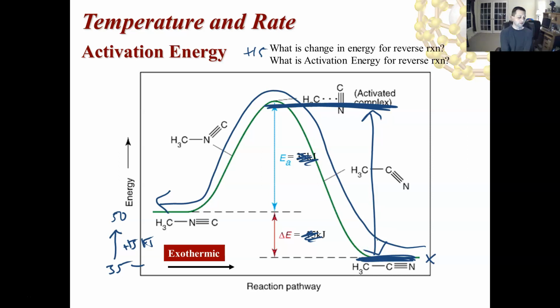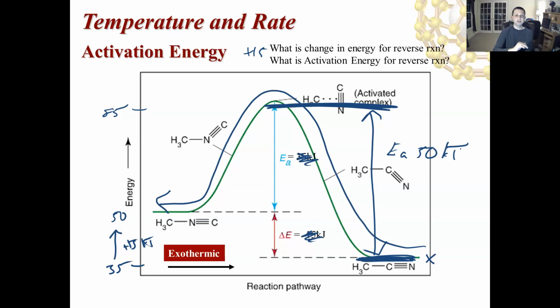This was 85, so we started at 35 and went up to 85. So that E sub A is 50 kilojoules for the reverse reaction. So the reverse reaction is endothermic, the overall energy change is plus 15, and it has an activation energy of 50 kilojoules.